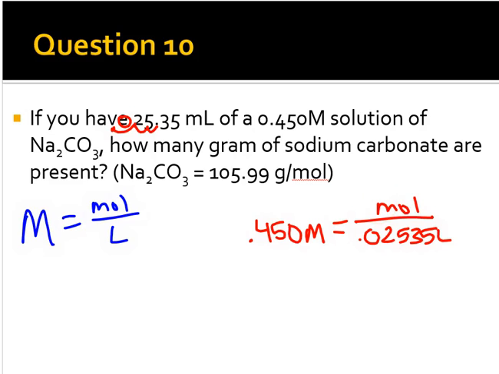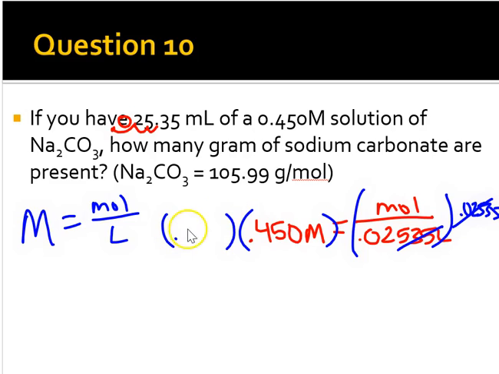So just to show my math here, I'm going to multiply both sides by 0.02535. So that'll cancel it out there, and I'll do the same thing on this side. And if we do that, that's going to give me my number of moles.